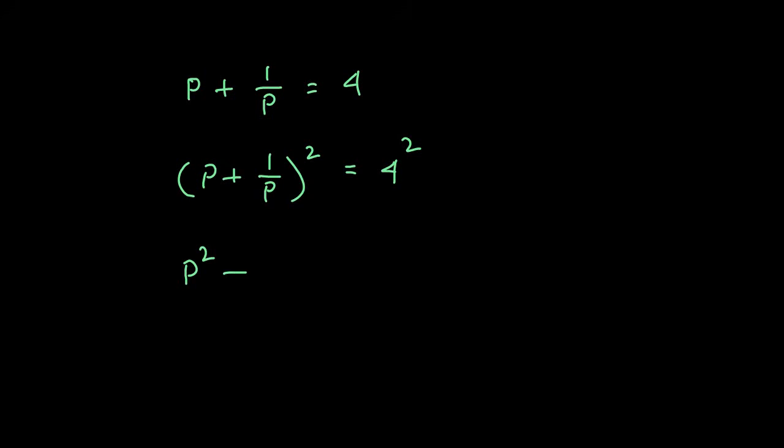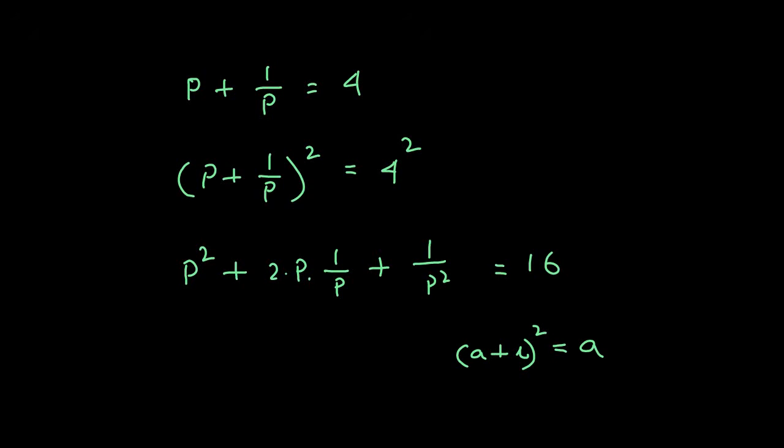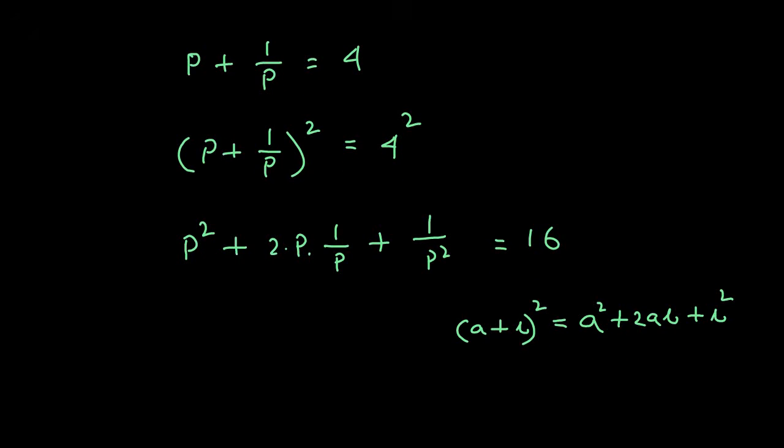p square plus 2 times p times 1 by p plus 1 by p square equals 16. Since we know a plus b whole square equals a square plus 2ab plus b square, we have applied this rule here.